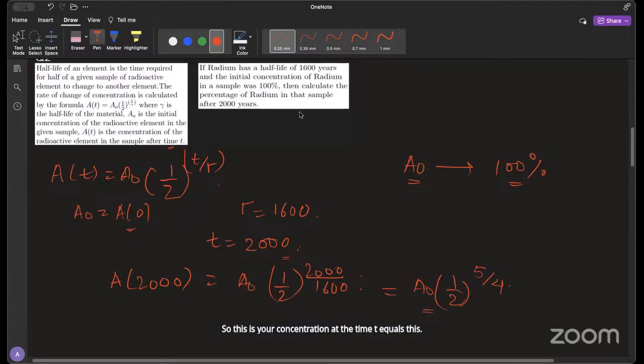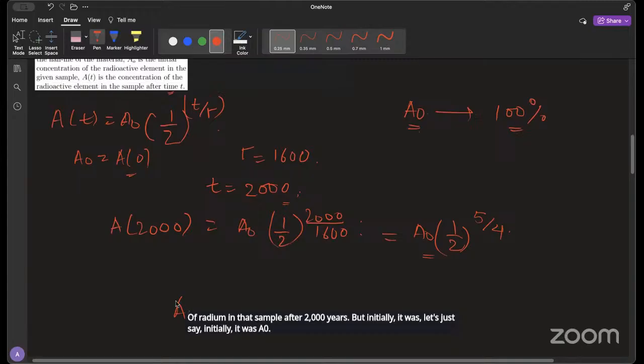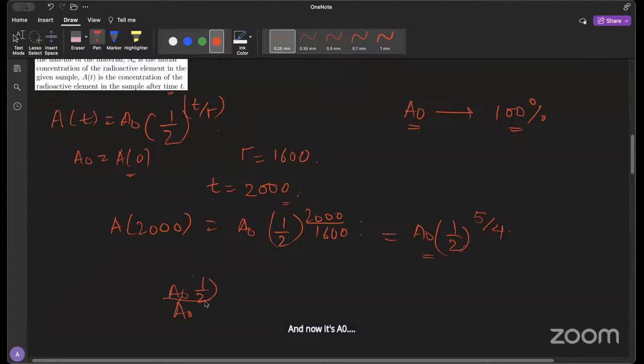And we need to find the percentage of radium in that sample after 2000 years. Initially it was A naught, and now it's A naught half to the power 5/4. To calculate percentage, we multiply by 100.